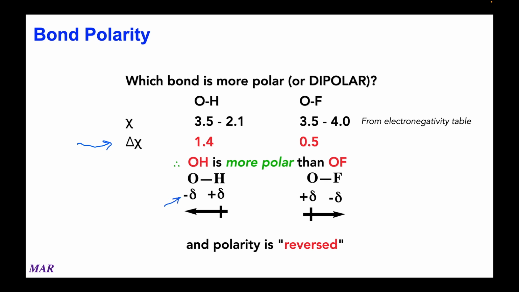But with fluorine, fluorine has a higher electronegativity. It's the biggest of all. And notice that the oxygen is actually the positive part when it comes to the OF. So the polarity is, if you will, reversed. Oxygen is negative with hydrogen, but it becomes positive with fluorine. And that shows how versatile these elements can be. And it also shows the value of electronegativity values.